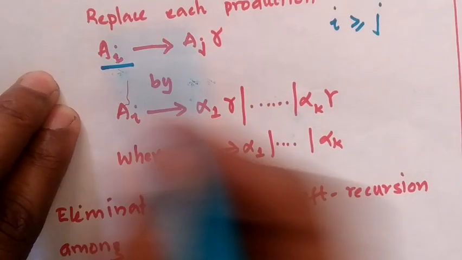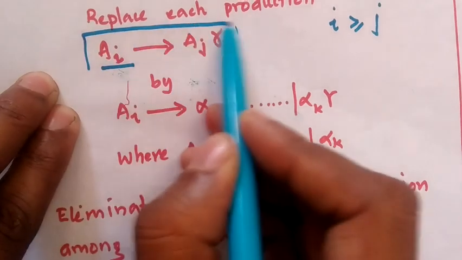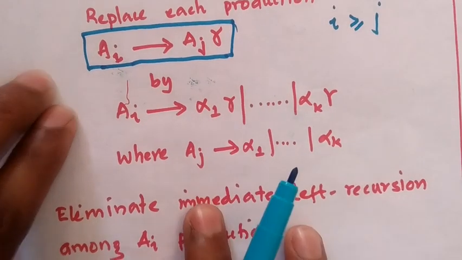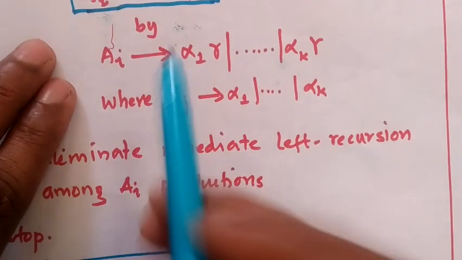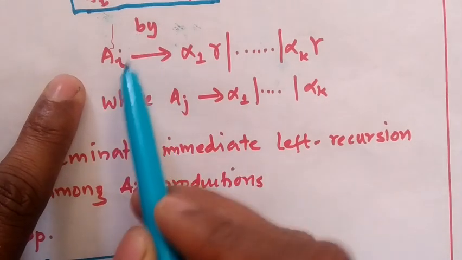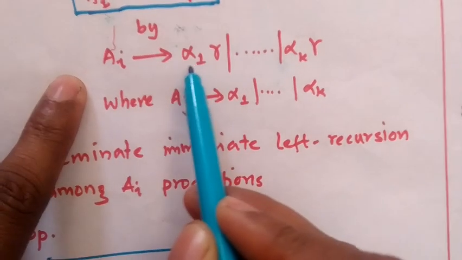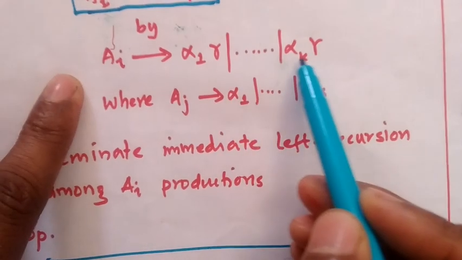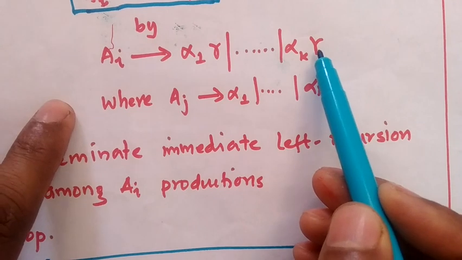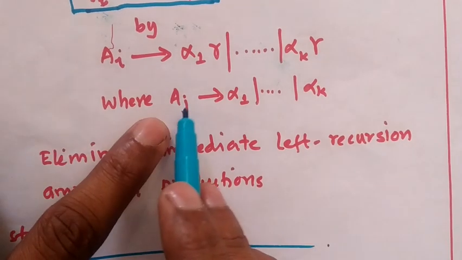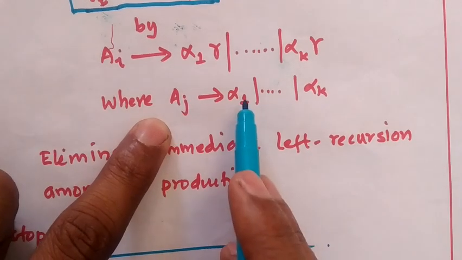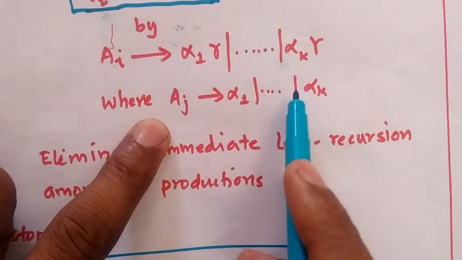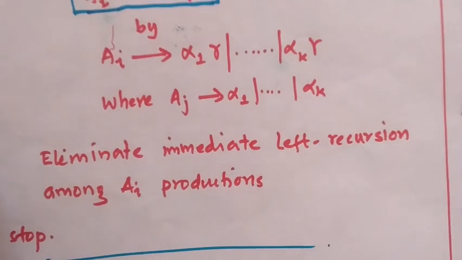If such type of production is present in your grammar, you can replace that by Ai gives alpha 1 gamma, alpha 2 gamma, etc., alpha k gamma, where Aj gives alpha 1 or alpha 2 or alpha 3, etc., alpha k.